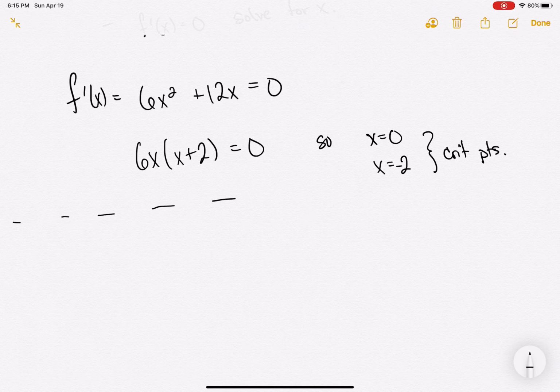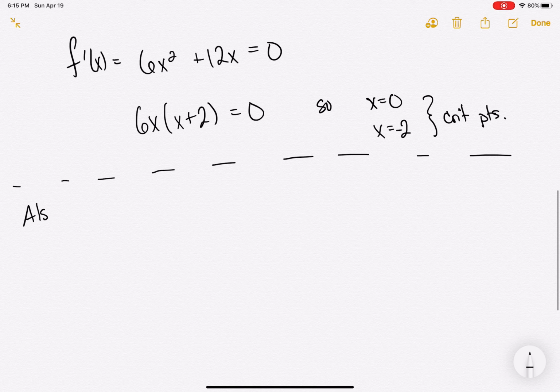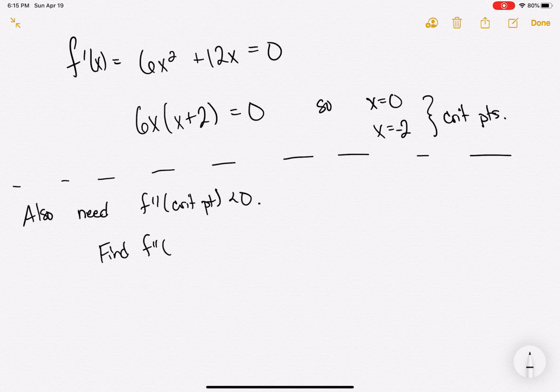Okay. That was only half of my problem, right? Because the other half of my problem said I need the second derivative to be negative. So we need f double prime at the critical point less than 0. So we need to find f double prime of x.